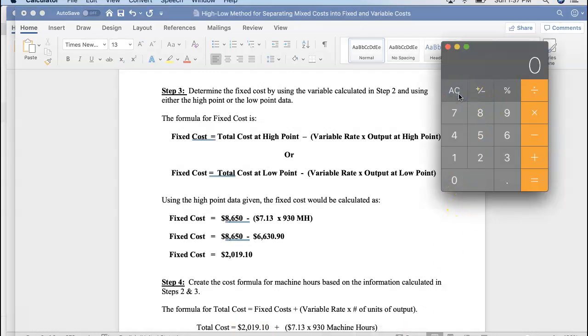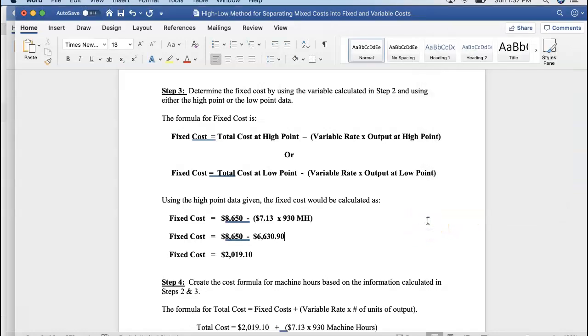So let's go in and let's calculate. Let's take the variable rate of $7.13 times 930 machine hours. That gives me $6,630.90. I'm going to add that to my fixed cost of $2,019.10, and that should equal the total cost at the high point.